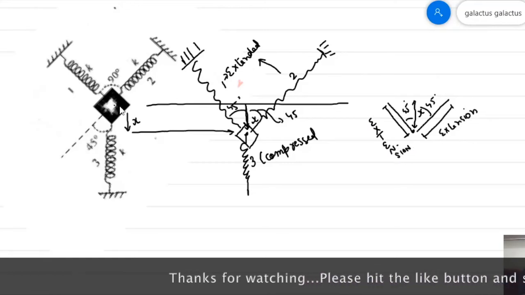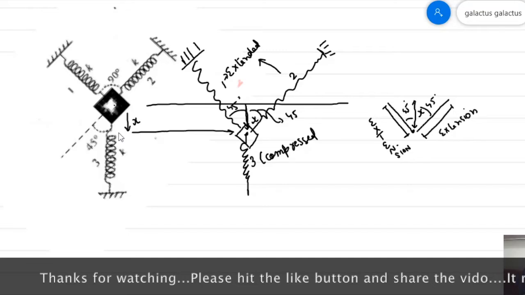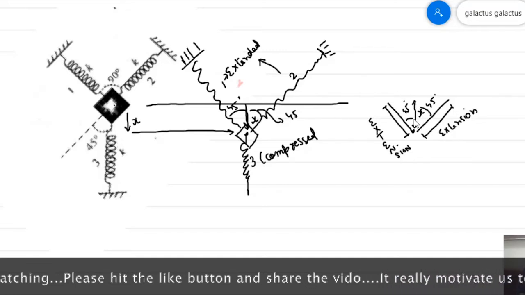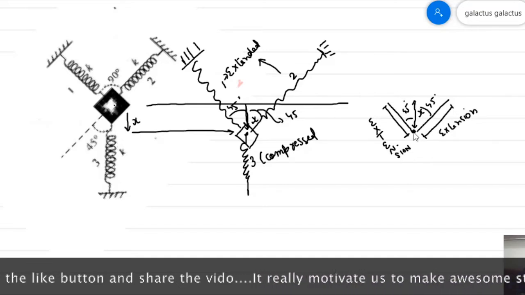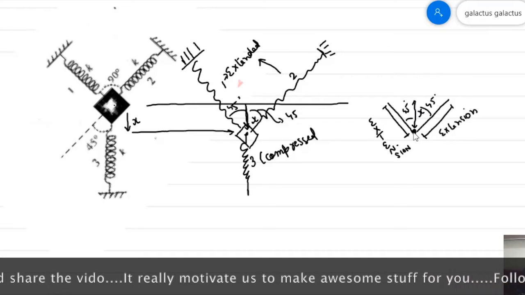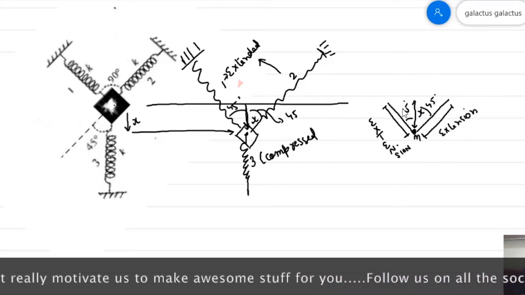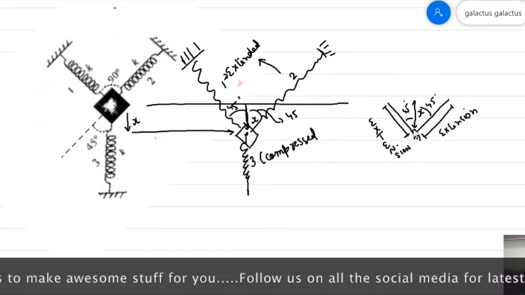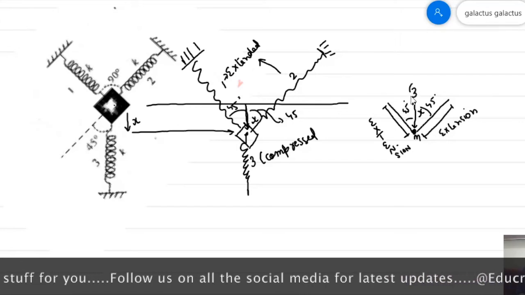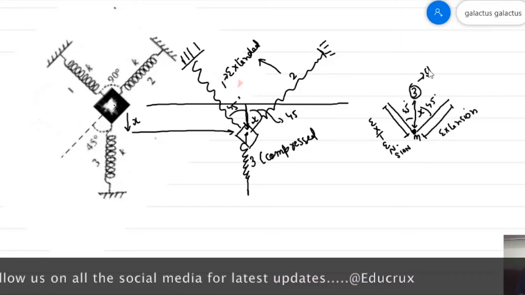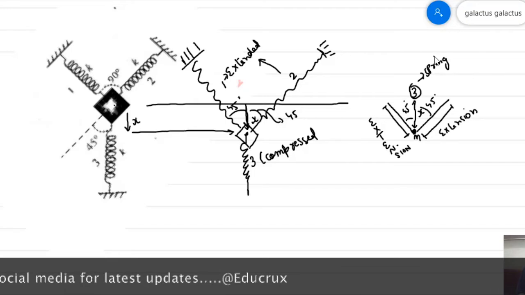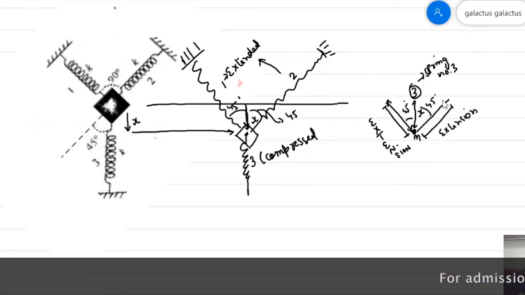That is, when I compress spring number 3 by a distance x, this is the final position of the mass m, and this direction represents the extension of spring number 1 and spring number 2.